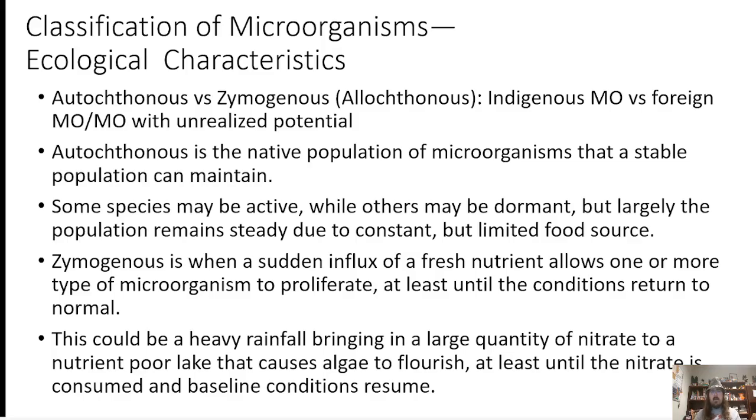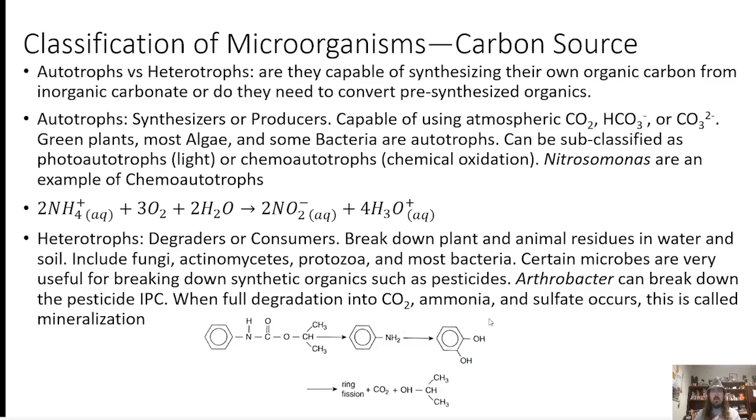We can look at these guys in terms of carbon sources, autotrophs versus heterotrophs, whether they can produce their own organic carbon from inorganic carbonates, or they need to convert this, so whether they have to break it down from something else. Autotrophs are also called synthesizers or producers, but they can turn CO2 or hydrogen carbonate or just carbonate into organic compounds.